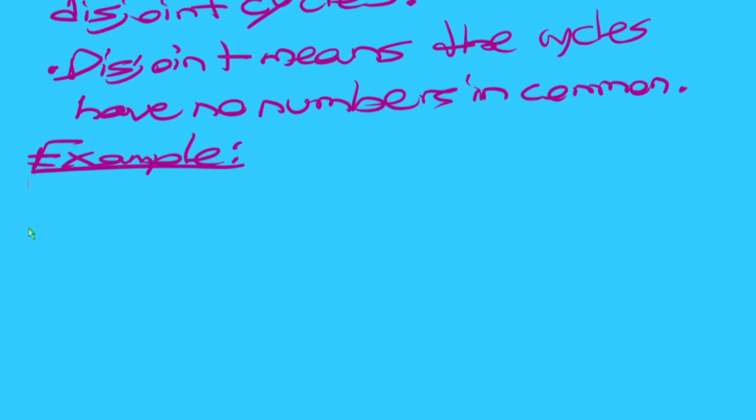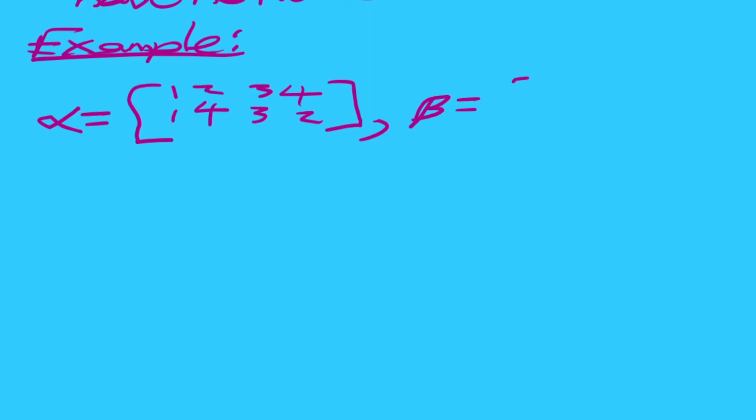So let's say we have alpha: 1 goes to 1, 2 goes to 4, 3 goes to 3, 4 goes to 2. And then we have beta: 1 goes to 2, 2 goes to 3, 3 goes to 4, 4 goes to 1. So let's write them in cyclic notation.